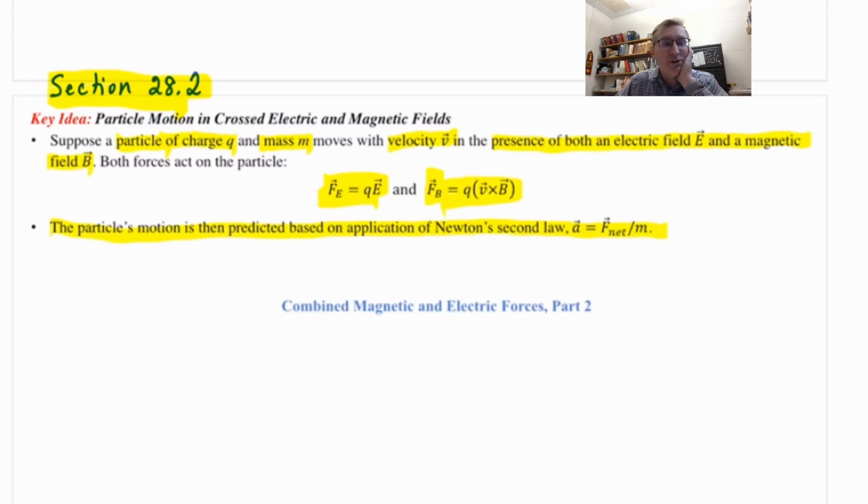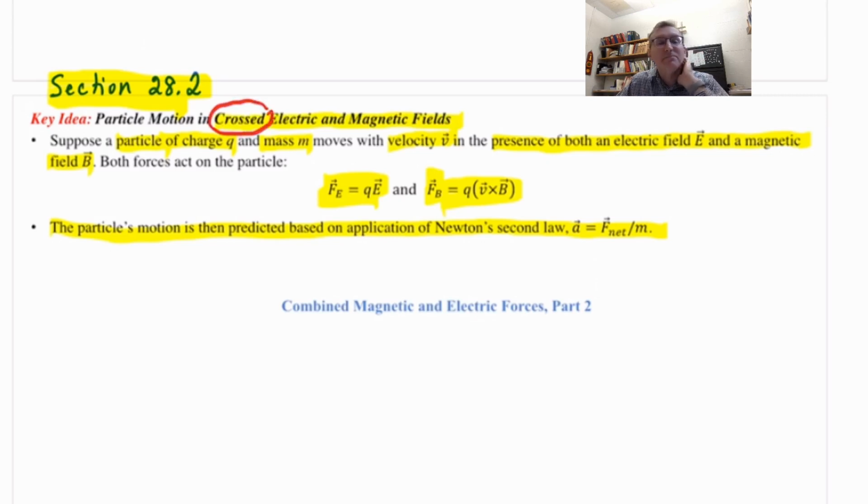So what I want to do here is just show you a little bit of the motions that you can get when a charged particle moves in combined electric and magnetic fields. And I'm going to focus on a situation that people call crossed fields. Crossed electric and magnetic fields.